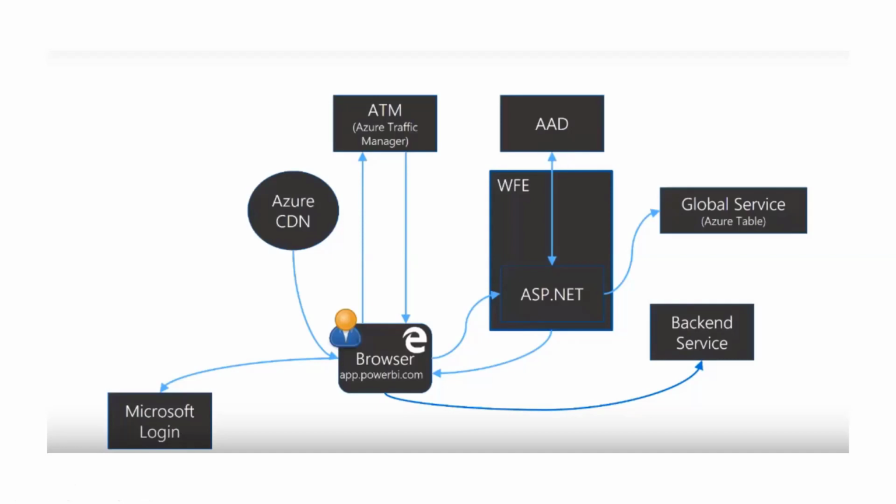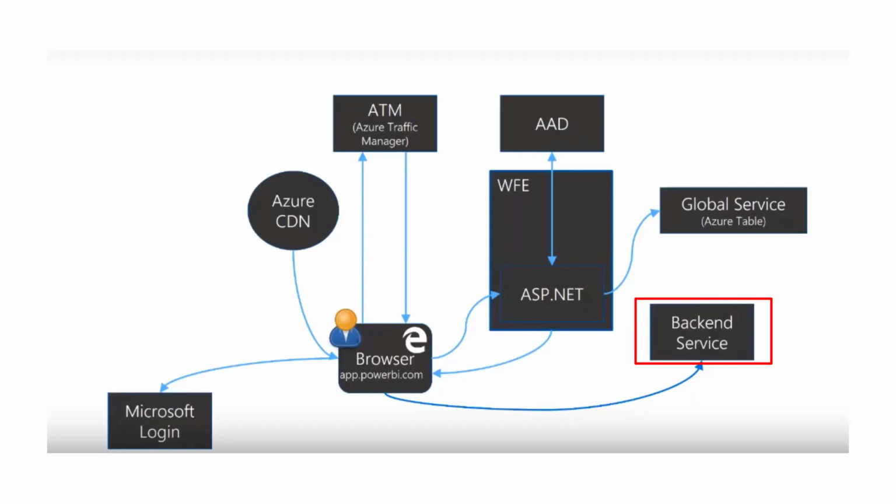Then global services are used, and then the Azure CDN, that is the content delivery network. Based on that, the JavaScript and whatever is required at the client end is loaded onto the client browser. And then finally the backend service.